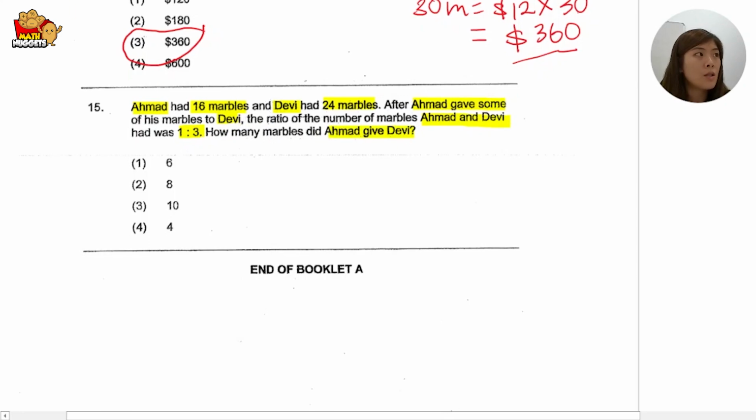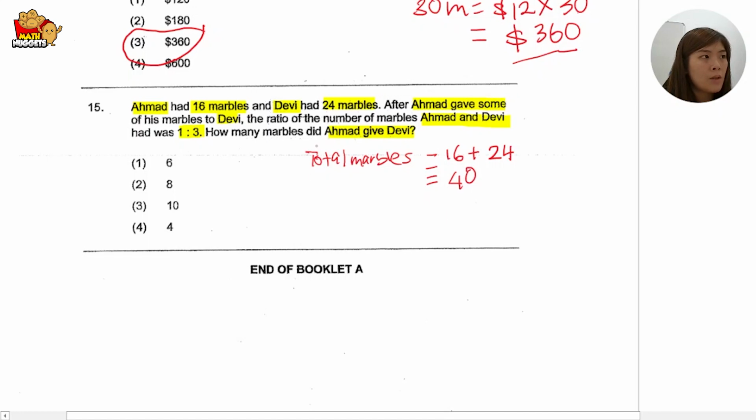Okay, so to start off with this question, we know that the ratio is 1:3. First we calculate the total marbles both have. The total marbles that Ahmad and Devi had is 16 plus 24, which is 40.